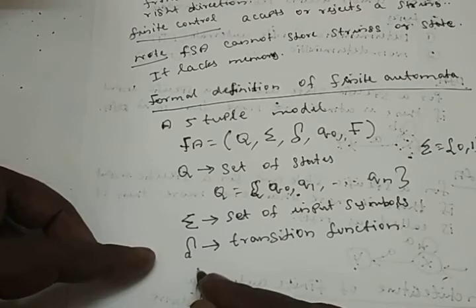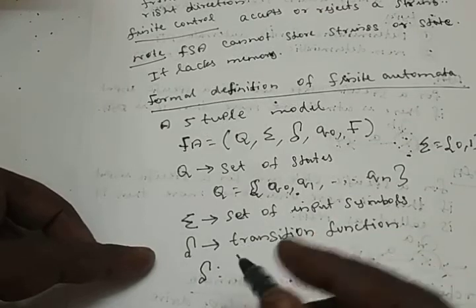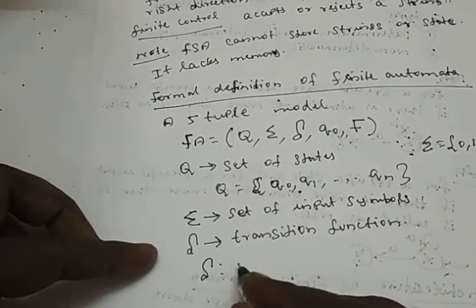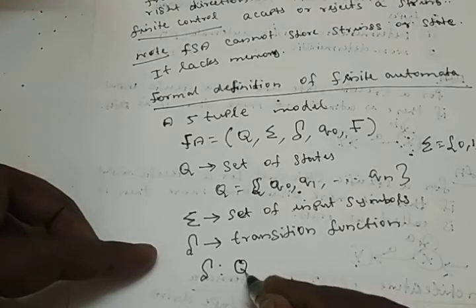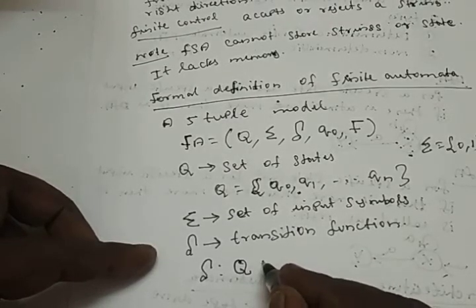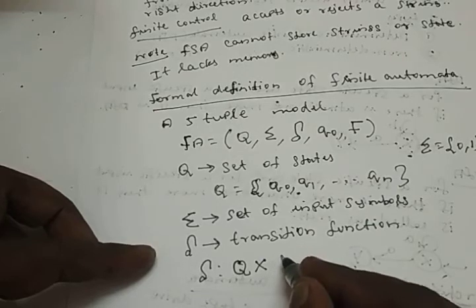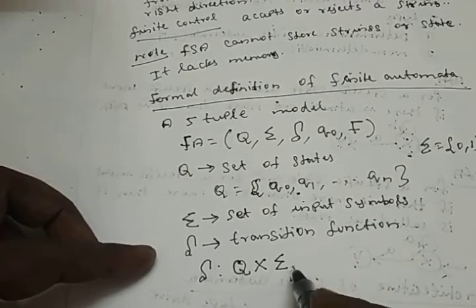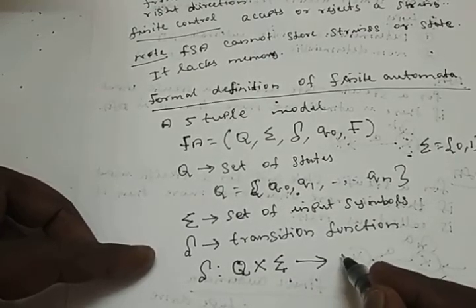Now if it is a DFA transition, I can write it like this: delta maps Q cross sigma to Q. You will be applying the inputs on states. So the set of states is capital Q, and the set of inputs is sigma. The set of input sigma is applied on the set of states, and you go to another state.